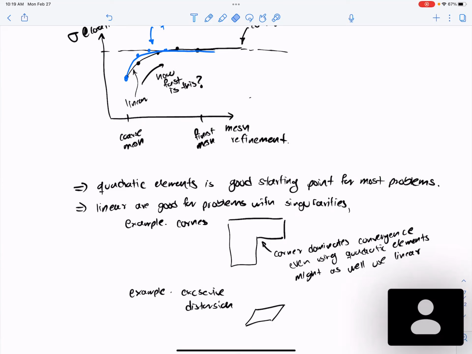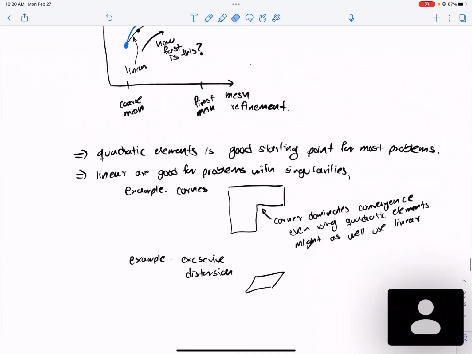So if you're using the cheapest one, you might just need to refine a lot. So that's the trade-off. All right, well, that's it. I did not start the 2D. We'll start on Wednesday for the 2D stuff, but I wanted to talk about convergence. So I'll see you on Wednesday.